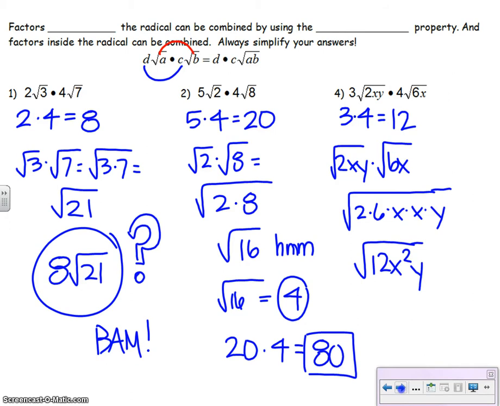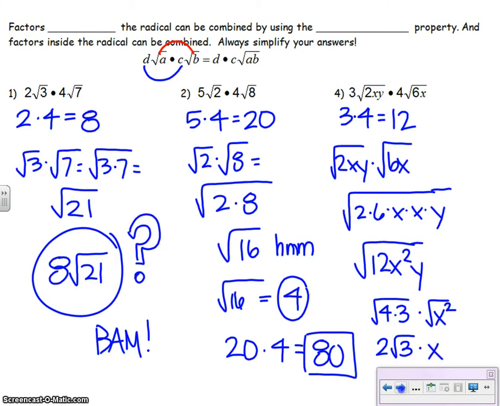Now, if we try to write this as 12 times the square root of 12x squared y, that's not going to be all the way correct because we can simplify 12 and we can simplify x squared. So the square root of 12 simplifies to 4 times 3, which is 2 square root of 3. And the square root of x squared, that is a perfect square, so that just simplifies to x.